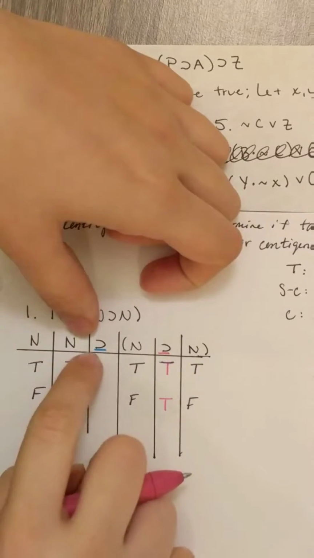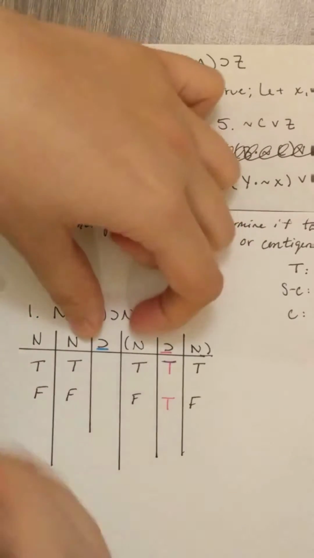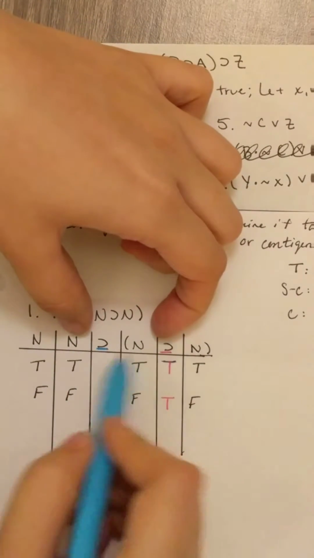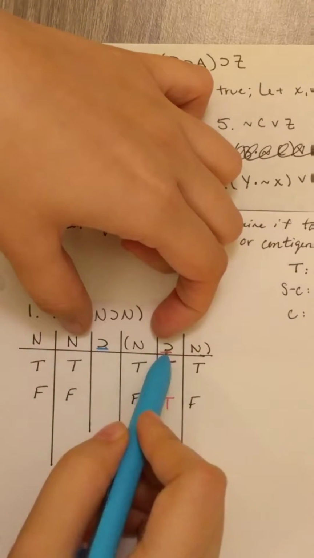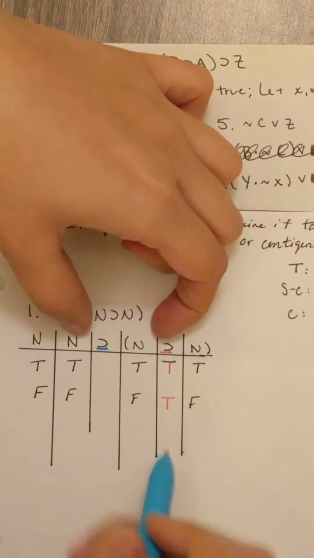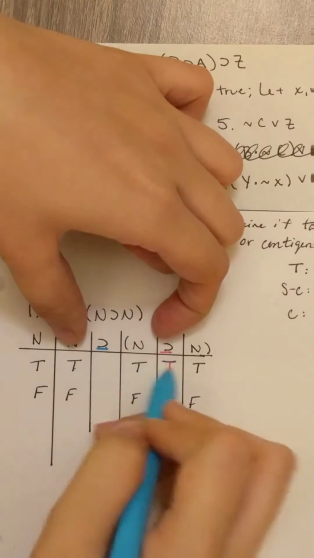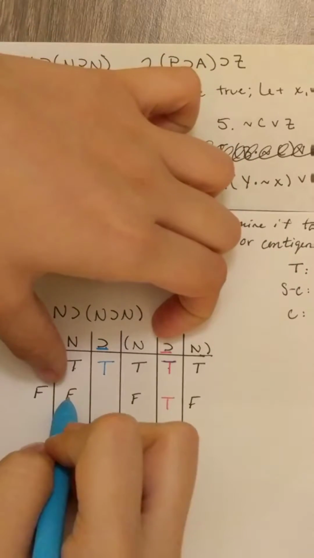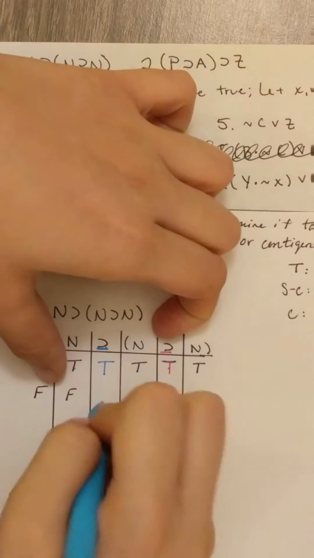So then I compare it with the blue. So I have n, if n, then this column. So true, true is true, false, true is true.